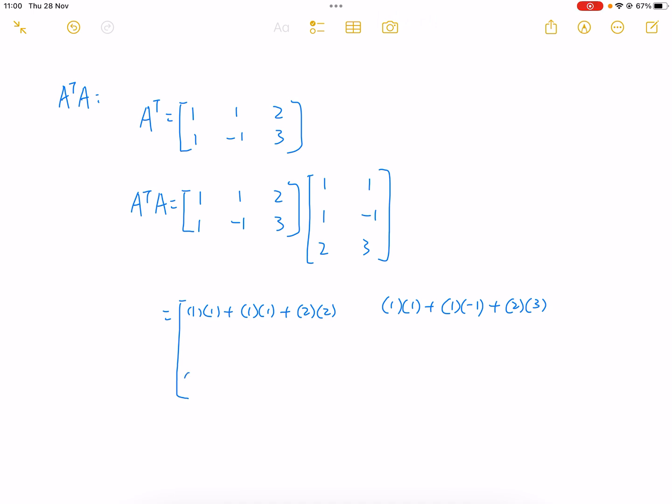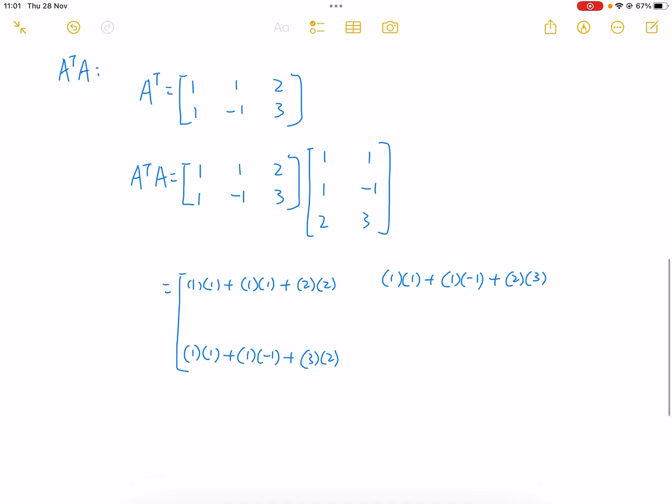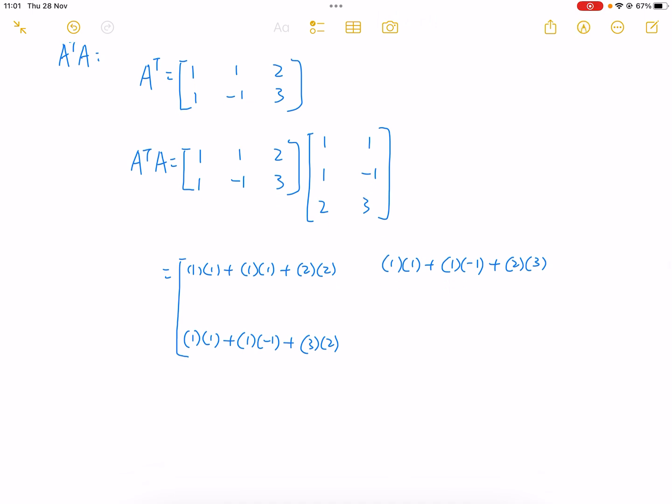And then second row times first column, 1 times 1 plus 1 times negative 1 plus 3 times 2. And then second row times the second column, 1 times 1 plus negative 1 times negative 1 plus 3 times 3.